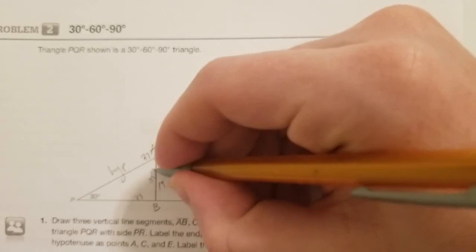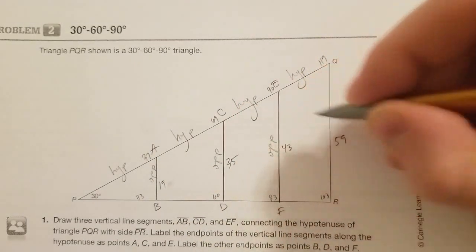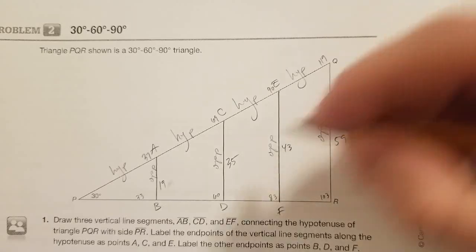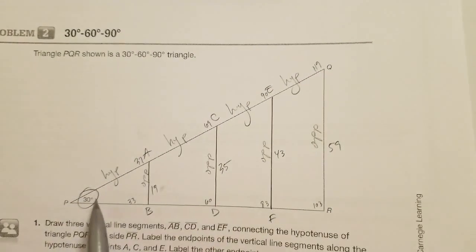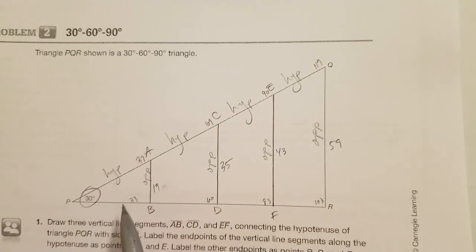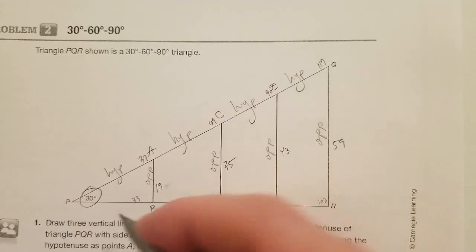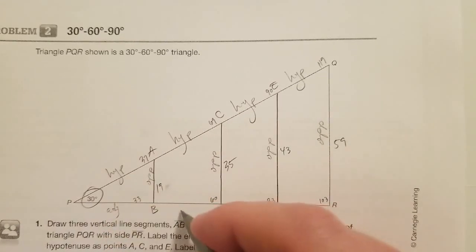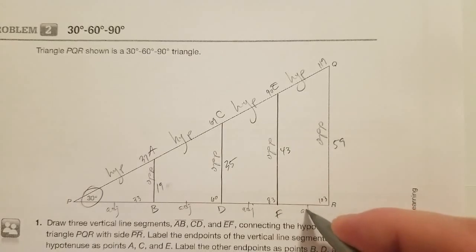So this is opposite, opposite, opposite, opposite, because this is my reference angle right here. And then the one that's adjacent is the one that's touching it, but is not the hypotenuse. So this one's adjacent, this one's adjacent, this one's adjacent, and this one's adjacent.